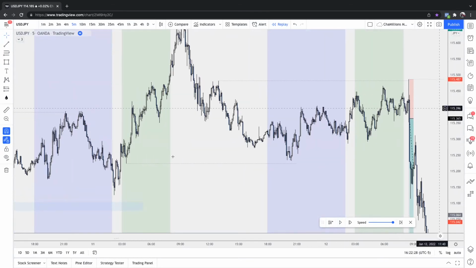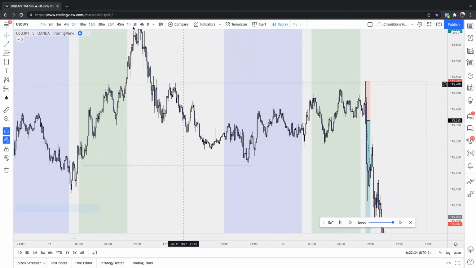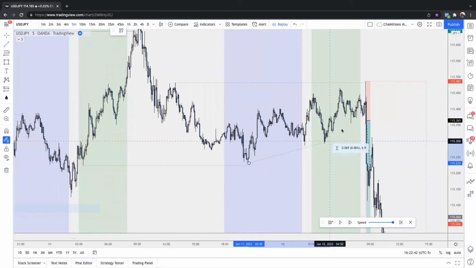Also, I could see where the liquidity was building. From an impulse regression standpoint, or in terms of trend lines, you can see where people that trade trend lines have their trend line liquidity building here. So there was just a lot of confluence as to why I would take a sell here.